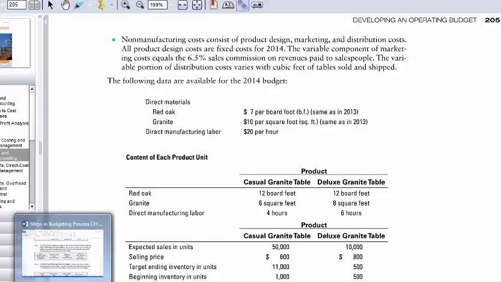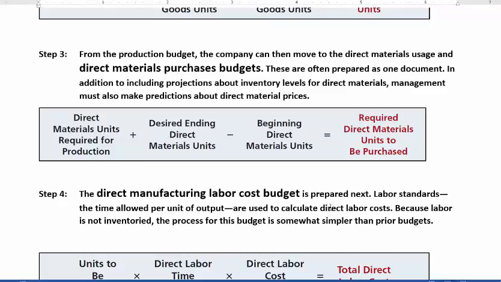And we can put that into our formula and go about calculating the dollar amount that is going to be showing up on our cash budget. We could also use it to calculate the direct materials or raw materials inventory that is showing up on our budgeted balance sheet. Okay, so there's a couple places you're going to be using this information.